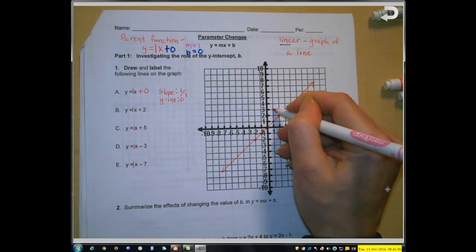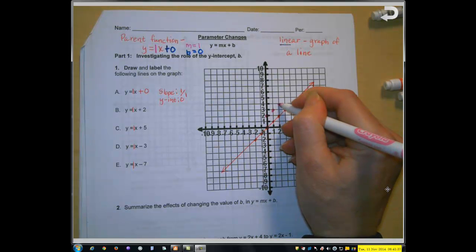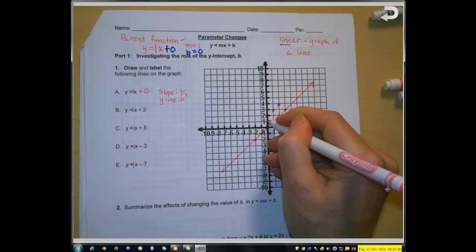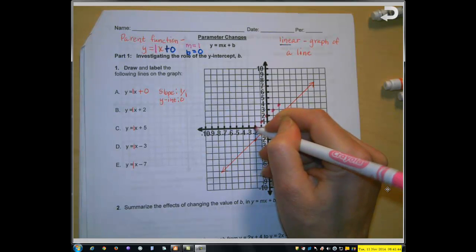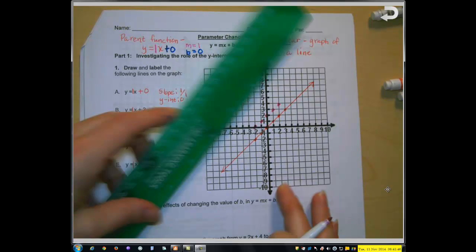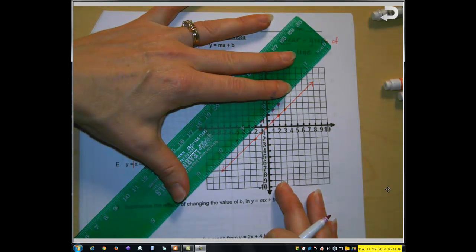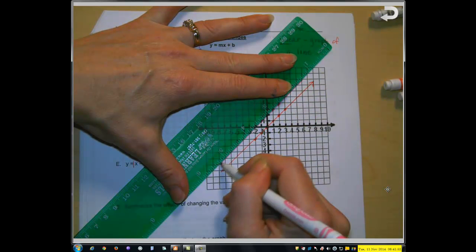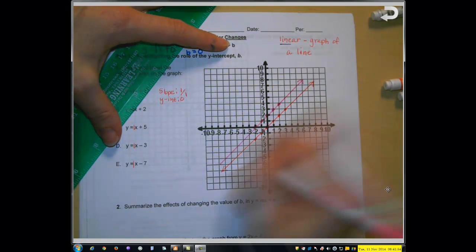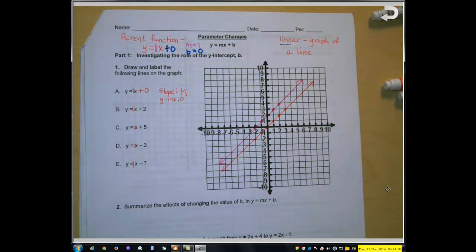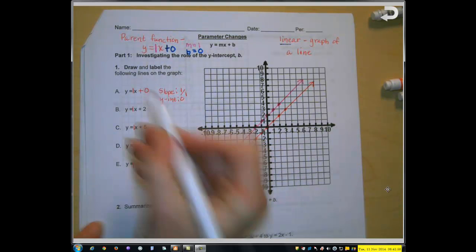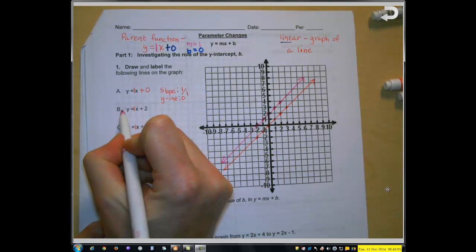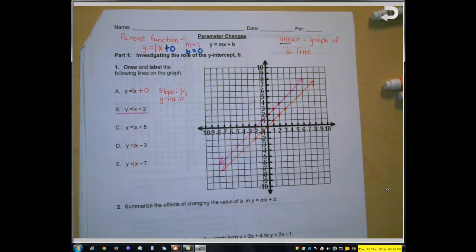So up 1 and right 1, up 1 and right 1, down 1 and left 1, down 1 and left 1. So we'll graph that line. And as we're graphing the lines, I want you to notice how the line is changing. Okay, now we're going to graph, and I'll just underline this one in pink, because that's the pink line.